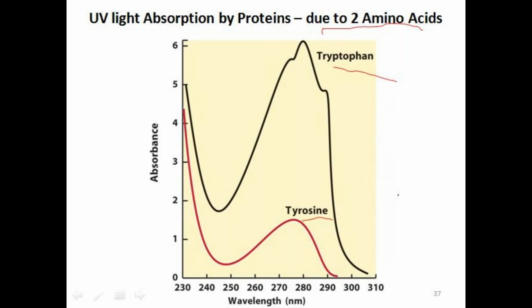Presence of a hydroxyl group along with the benzene ring in tyrosine. Whereas in tryptophan... The common ring that is present in tyrosine and tryptophan is which one?